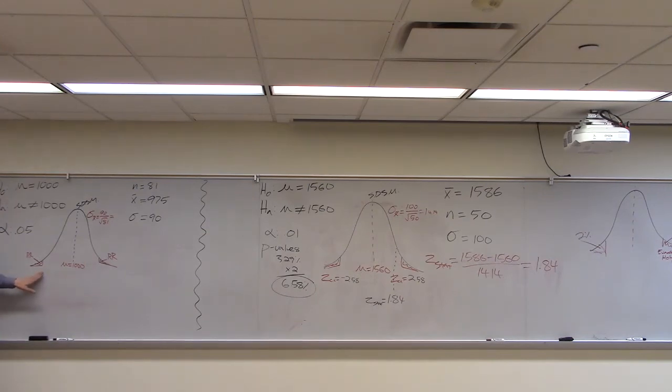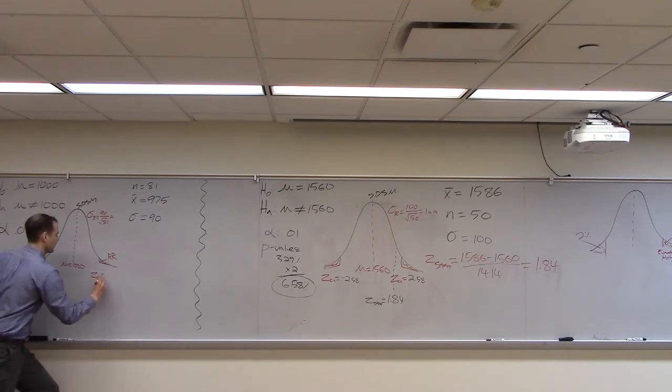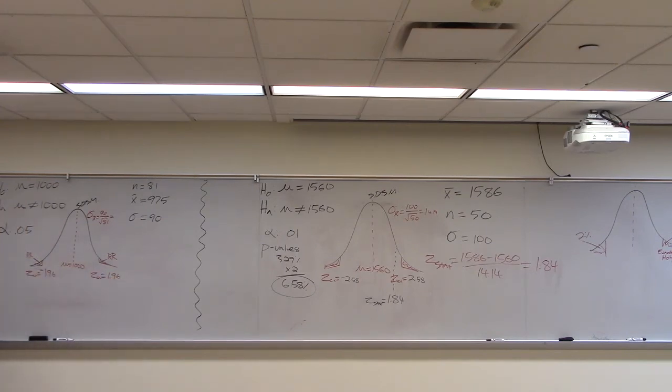What is the Z critical value, the cutoff point for each of them? 1.96. Yeah, that sounds right. What's the one down here though? Negative 1.96, and the Z critical value up here equals positive 1.96. Excellent. All we need now is the test statistic for our sample outcome.